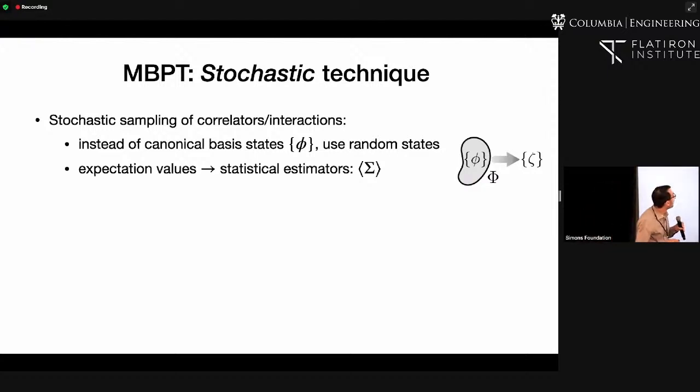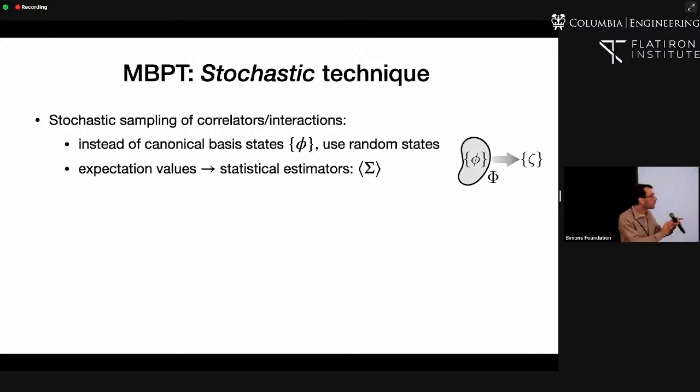And what we do is, instead of evaluating our Green's functions, W's and vertex representations in the basis of single particle states, as we would normally use, and that's what you find in the textbook, we will actually use some random orbitals that are in the single quasi-particle Hilbert space that is known to us. That's because we are doing perturbation theory.